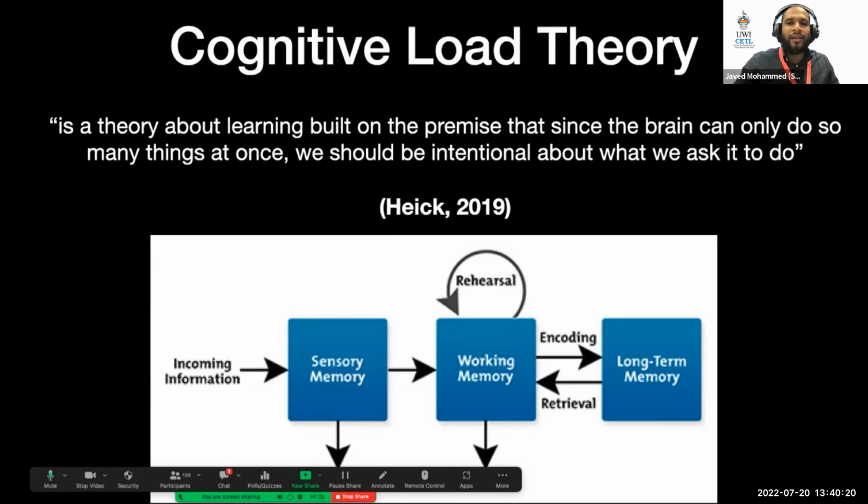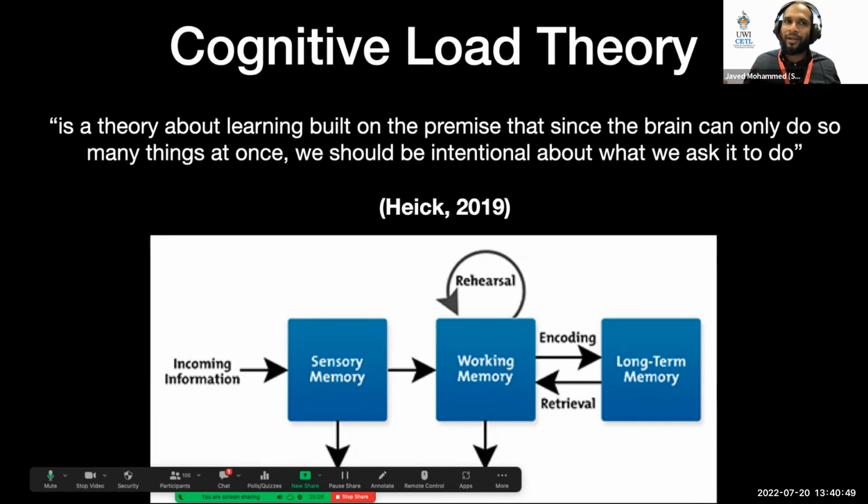And this theory basically tells us that information comes in via sensors, different avenues, and it is taken or placed in another space called the working memory, and then later on stored in long-term memory.